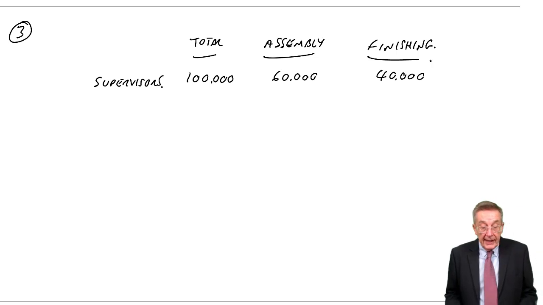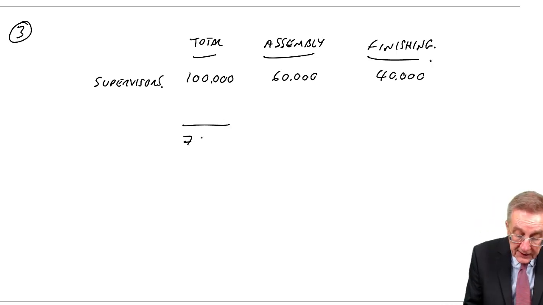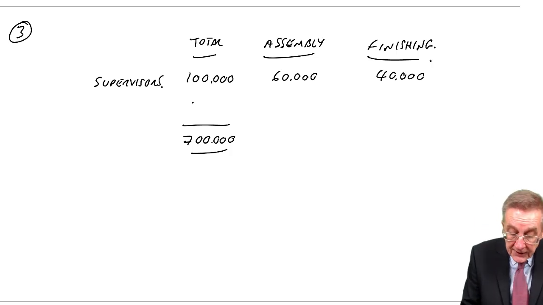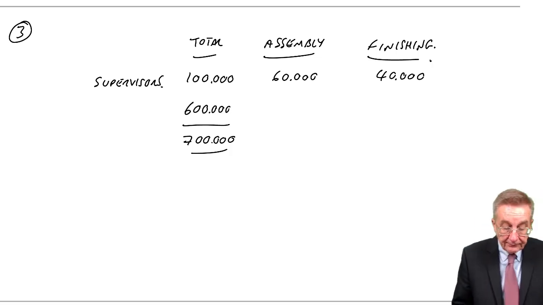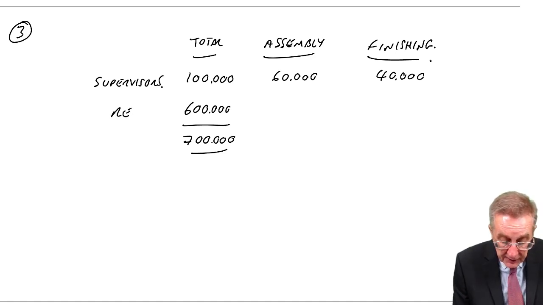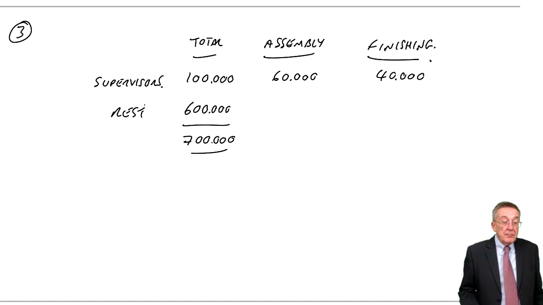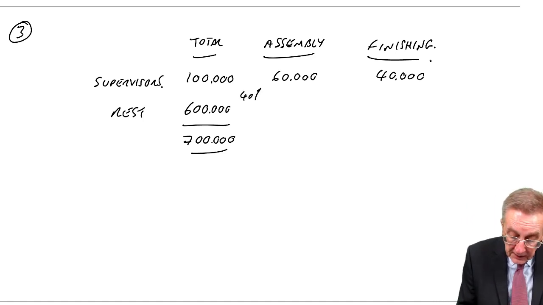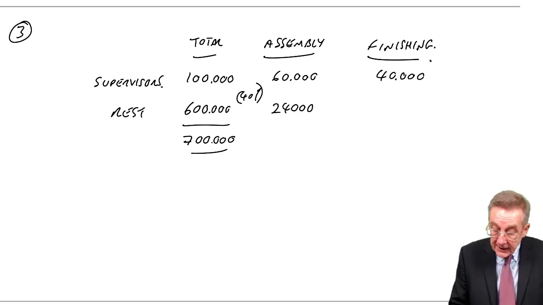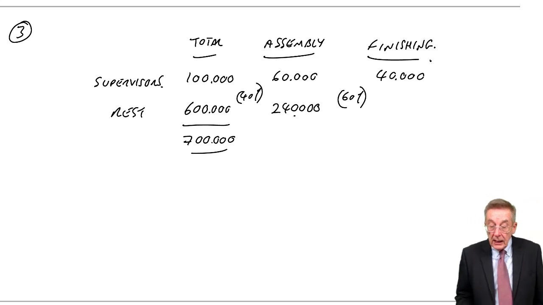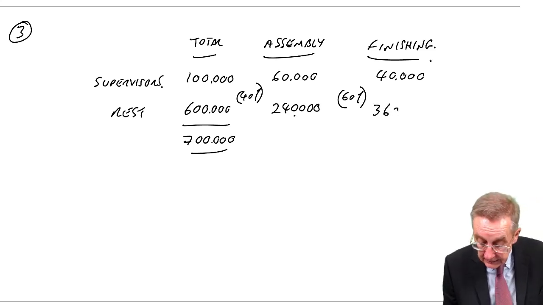The remaining overheads, well, how much is remaining? Remember, the total is 700,000. We've just dealt with 100, so there's 600,000 remaining. And it says the remaining overheads, the rest of them, for some reason we've decided to split them. 40% to assembly, which is 240,000. 60% to finishing, oops, I missed a zero, which is 360,000.